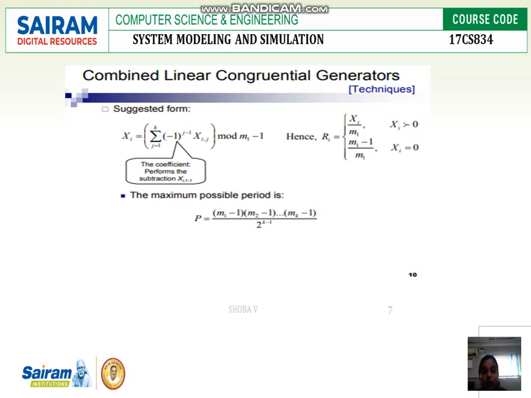The suggested form of the coefficient performs a subtraction: Xi equals the summation over j from 1 to k of (minus 1) to the power j minus 1 times Xi,j, mod m1 minus 1.